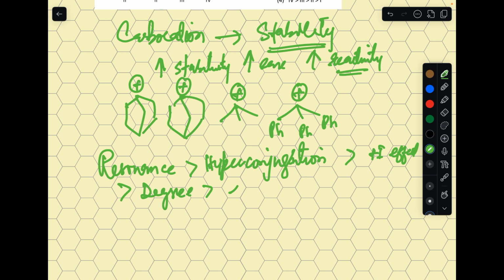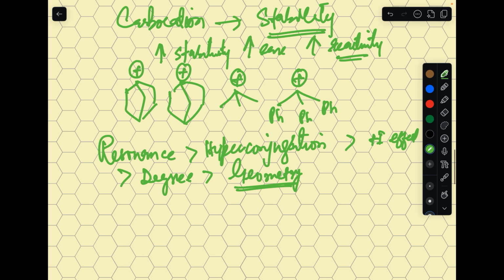And last but not the least, it is the geometry. Understand it and remember it, the geometry can override the stability of a carbocation, because it is the geometry which decides whether the planar carbocation is getting generated or not. If planar carbocation is not generated, that means that carbocation will not get formed.